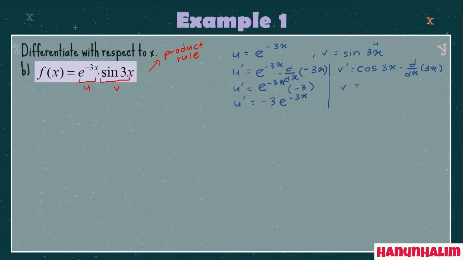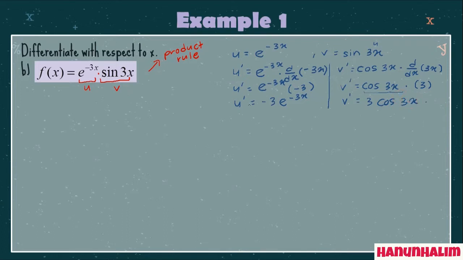So v prime equals cos 3x multiplied with 3. Cos 3x is actually one term, and 3x is the angle for cos. So the 3 cannot be multiplied with the 3x. Our v prime is 3 cos 3x.